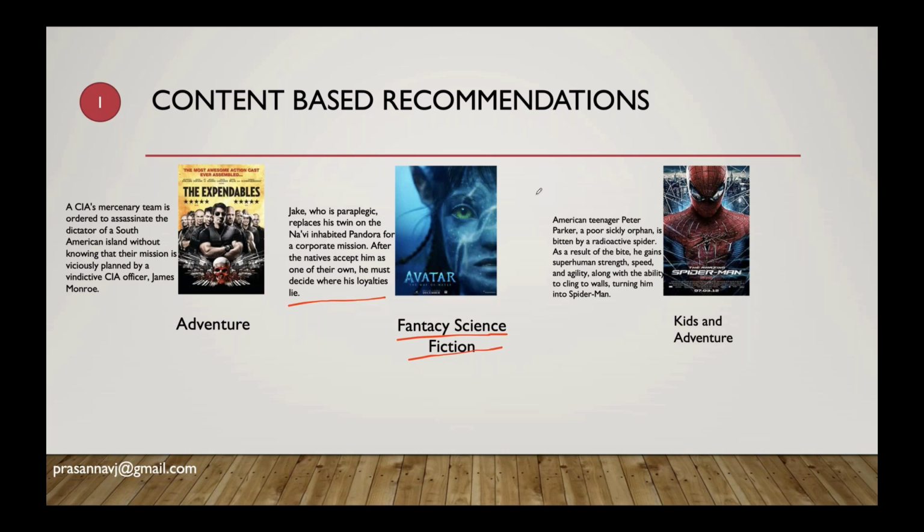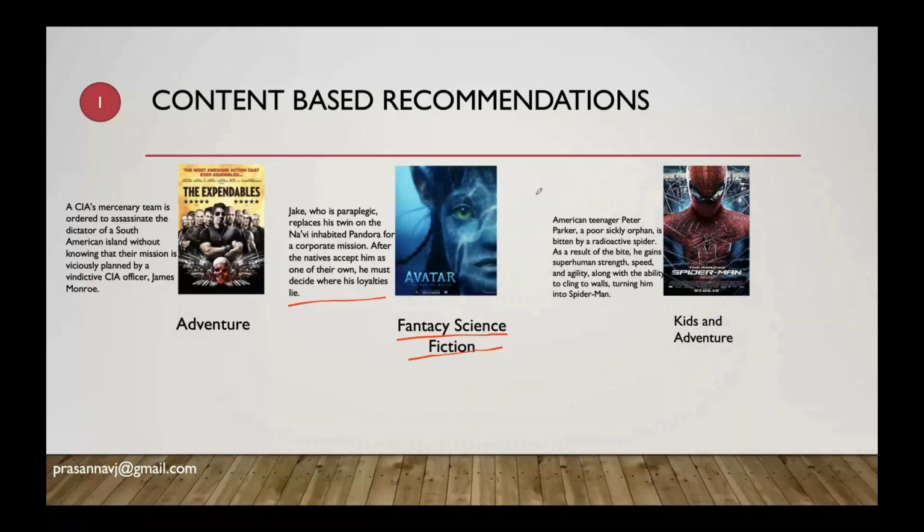Now, if I wanted to identify a movie similar to Avatar, then I need to identify similar keywords which are available in any other movies. So I need to first decipher what this particular movie is about.